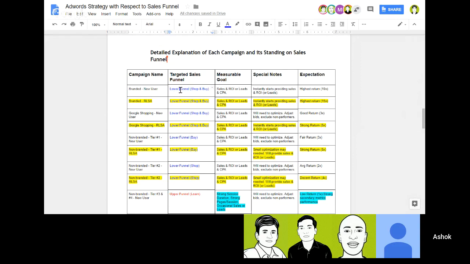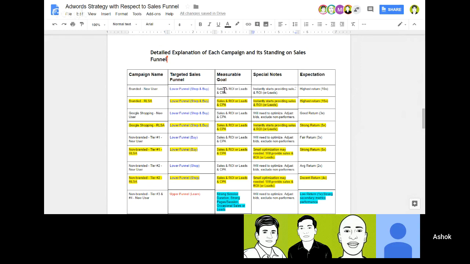However, each funnel is having 2 or 3 stages. So I talked about lower funnel here, but in brackets I have also mentioned the stage. So branded new users fall on lower funnel. Its measurable goal is sales and return on ad spend, return on investment. This is for e-commerce, or leads and CPA. This is for lead generation.